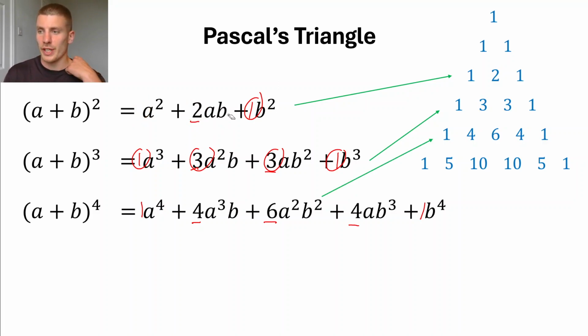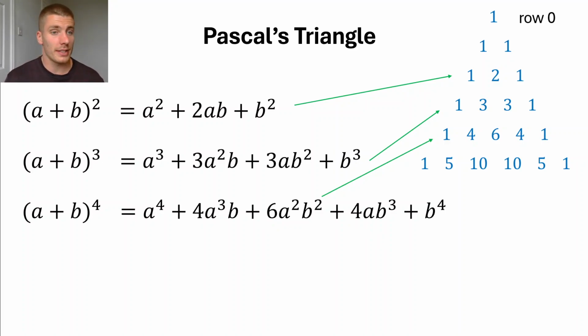Now I'm just going to get rid of all this pen so it doesn't begin to look too messy. There we go. Now we can label Pascal's triangle in terms of rows. You call the first number, the 1, row 0, then row 1, row 2, row 3, so on and so forth. And this is really useful because the row numbers match the powers.